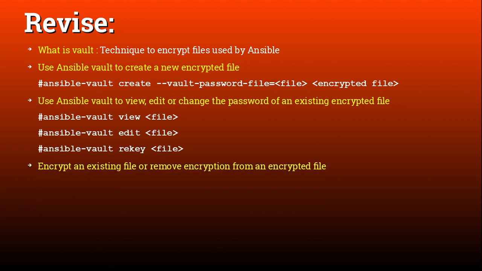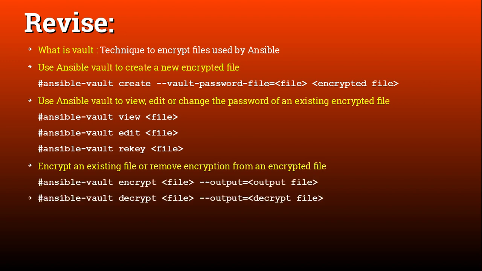Now we saw how you can encrypt an existing file or remove the encryption from an existing encrypted file. So to create encryption, you use Ansible Vault encrypt, that file name. If you want to have a separate output file, you give hyphen output, so it will create output file. Similarly, if you want to use a password file, you can do same thing, vault password file option.